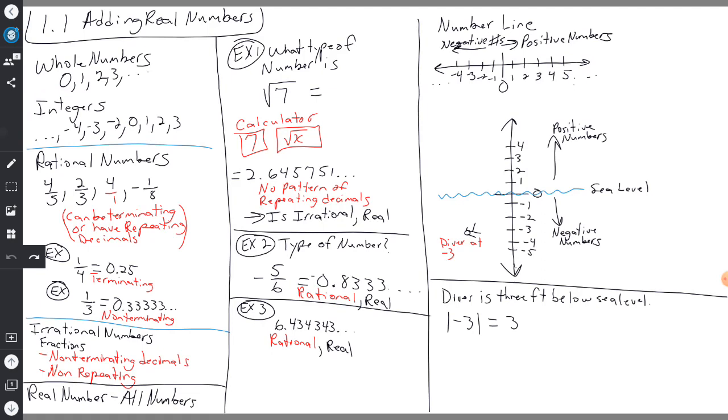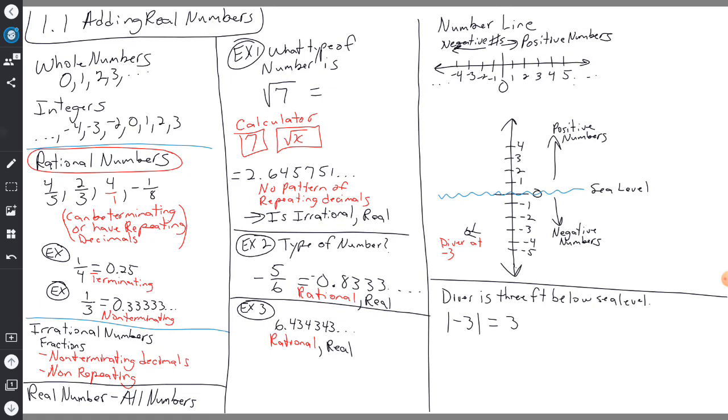Rational numbers can be terminating or have repeating decimals. So with a rational number, basically it's a fraction. So a rational number can be terminating or have repeating decimals. That's the important thing to remember about it.